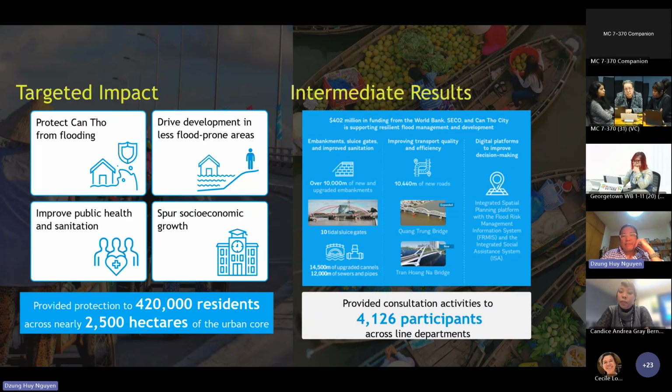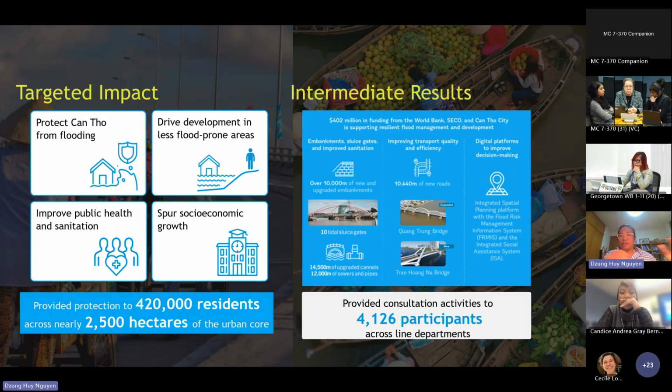At the same time, the project also provides connectivity to connect the core urban area with the Asian area, which is under development by the cities, because it is an industrial area where most of the private sector industrial parks are located.